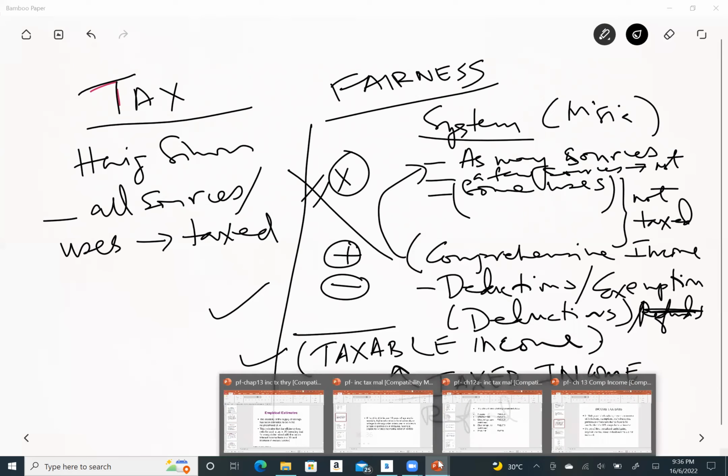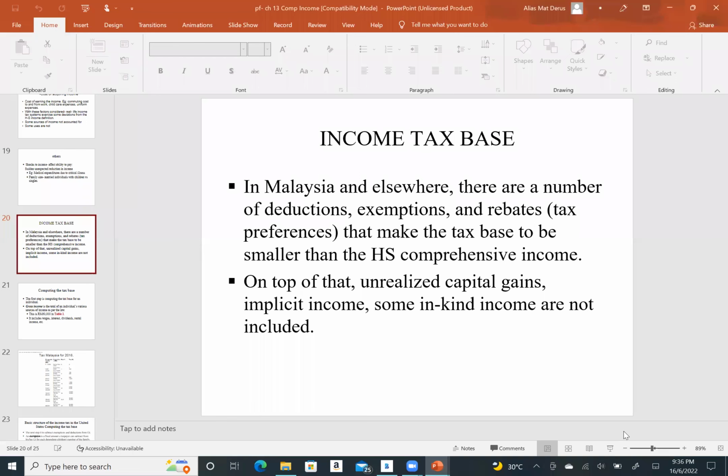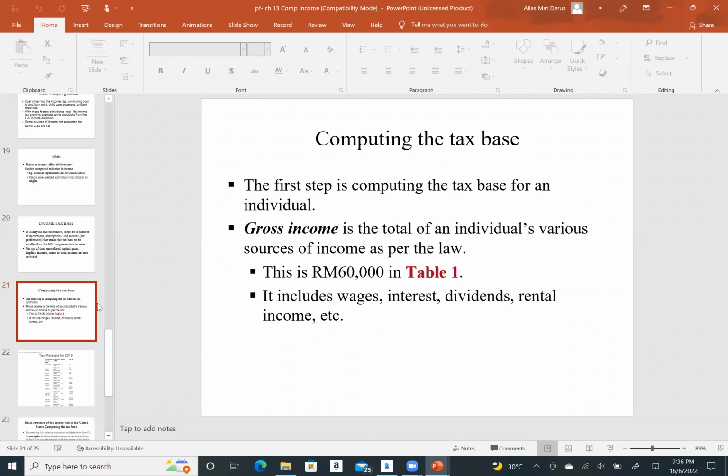All right. So let me go through the things. You have the exemptions, deduction, and then you have the taxable income. So the tax base will be the taxable income, and then we compute the tax. The comprehensive income is what they call the gross income.